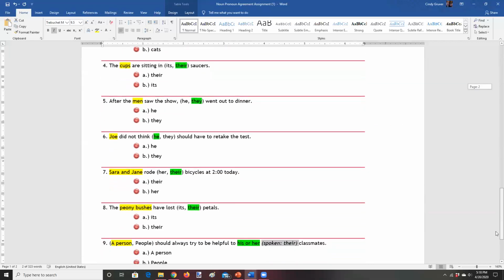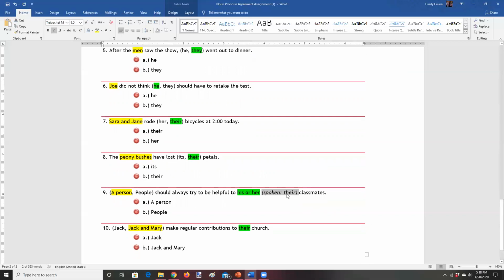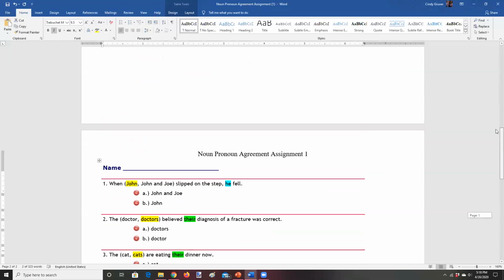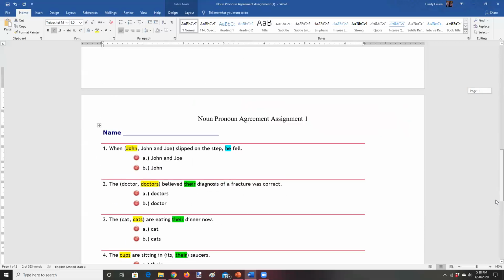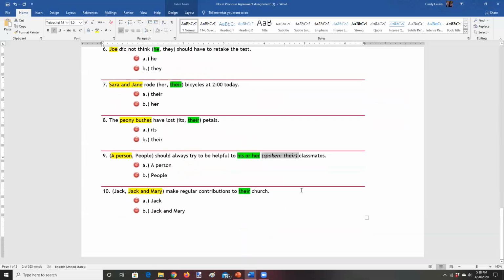So you may be thinking, well, why am I tempted? Why are you tempted to say "their" instead of "his or her"? The reason is that we don't have a way of communicating gender in our plural form. When we don't know a gender, in this case a person could be a man or a woman, we don't know if we should say "his" or "hers."